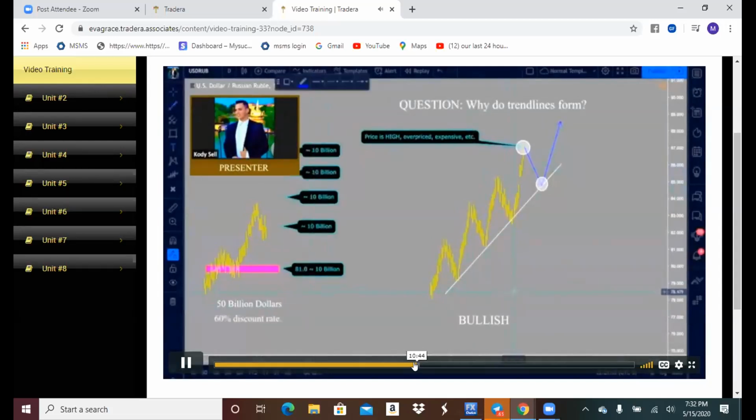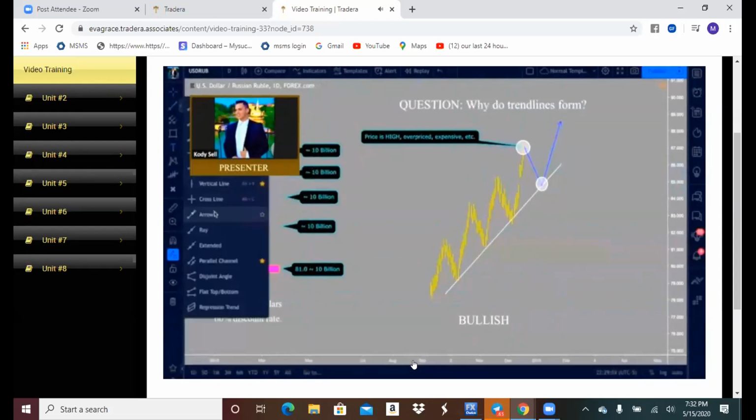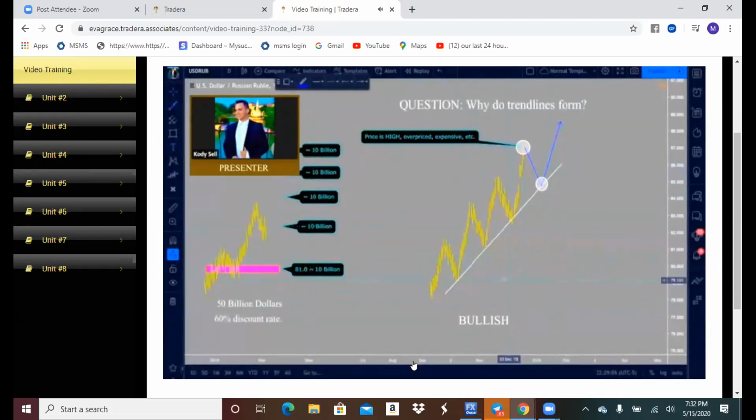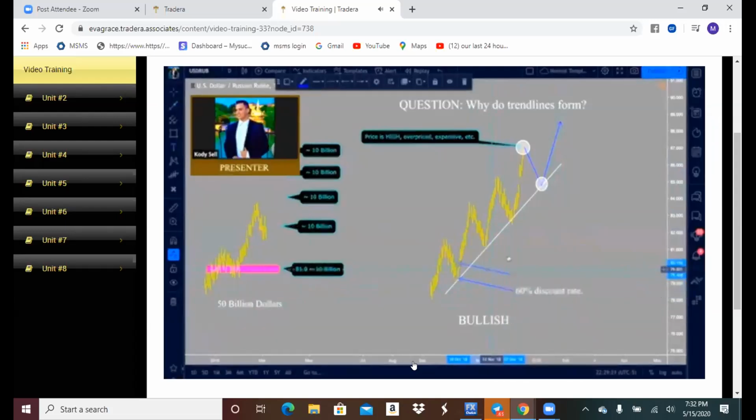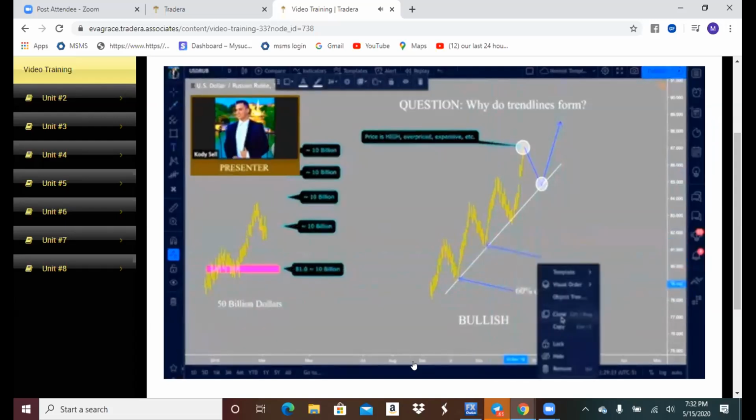But actually, see with this bullish market, imagine that over here on the right hand side, when we looked at this bullish market, what you're actually seeing is a 60% discount rate buy order.